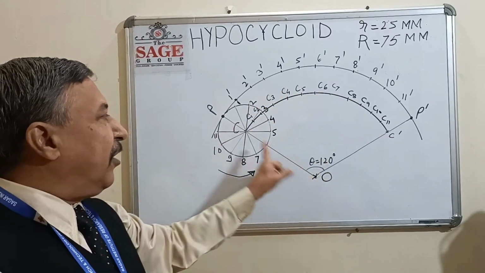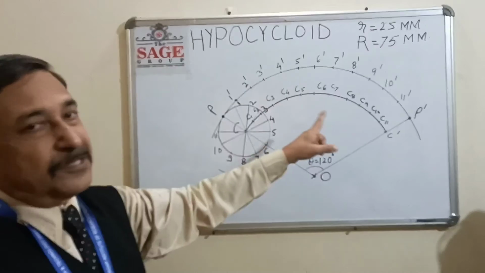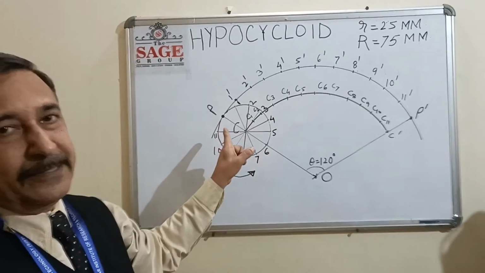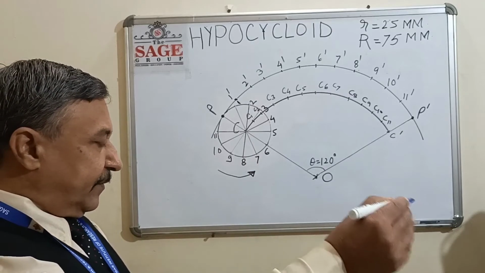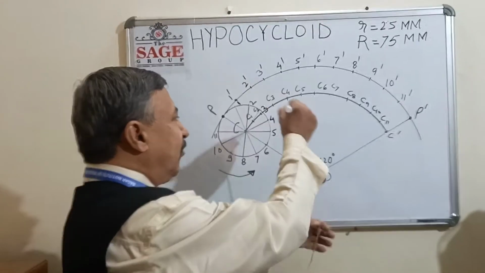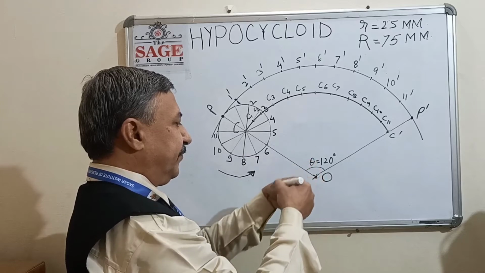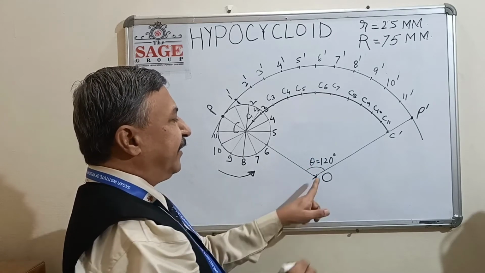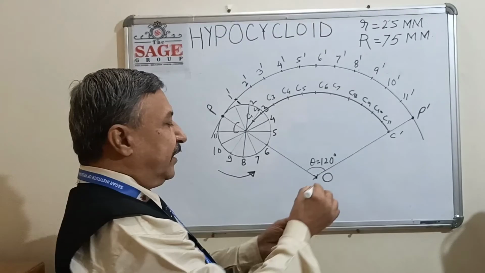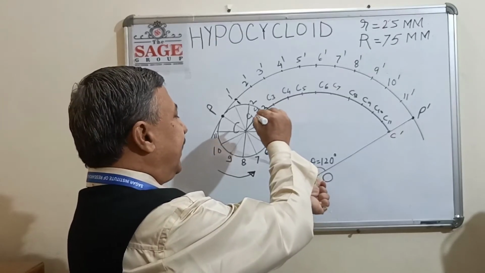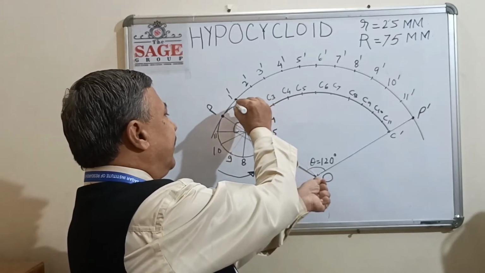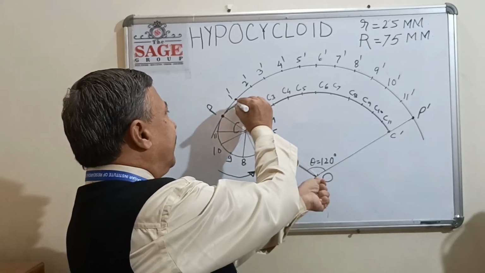Now I am going to draw the other curved paths through 1, 2, 3, 4, 5, 6 like this. Same center O, and radius equal to O1. Draw this curved path.